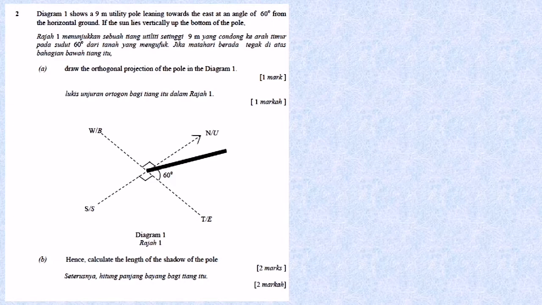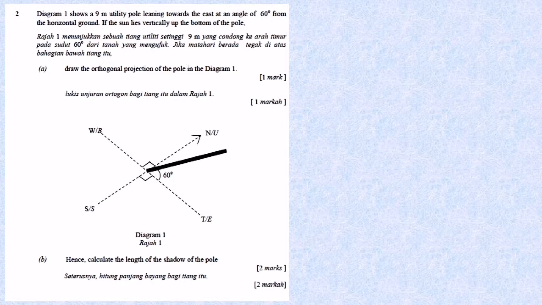Question number 2. Diagram 1 shows a 9-meter utility pole leaning towards the east at an angle of 60 degrees from the horizontal ground. If the sun lies vertically above the bottom of the pole, A, draw the orthogonal projection of the pole in diagram 1. Do you still remember what orthogonal projection is?